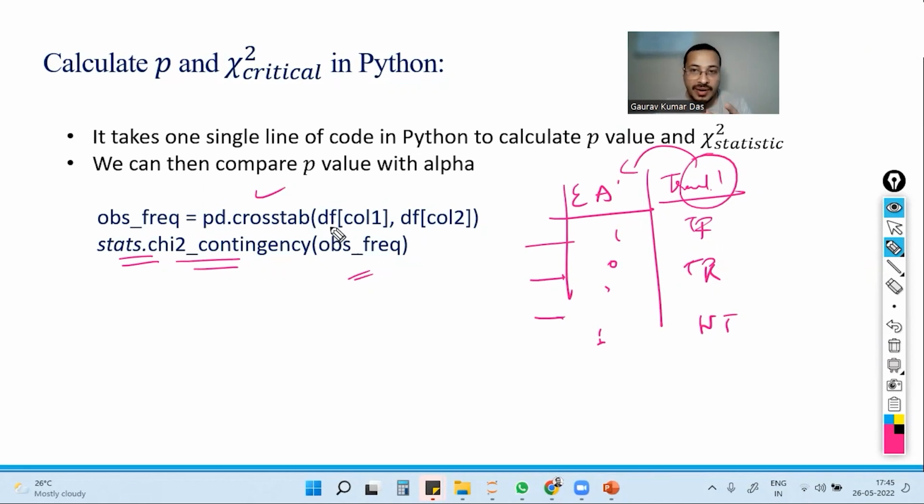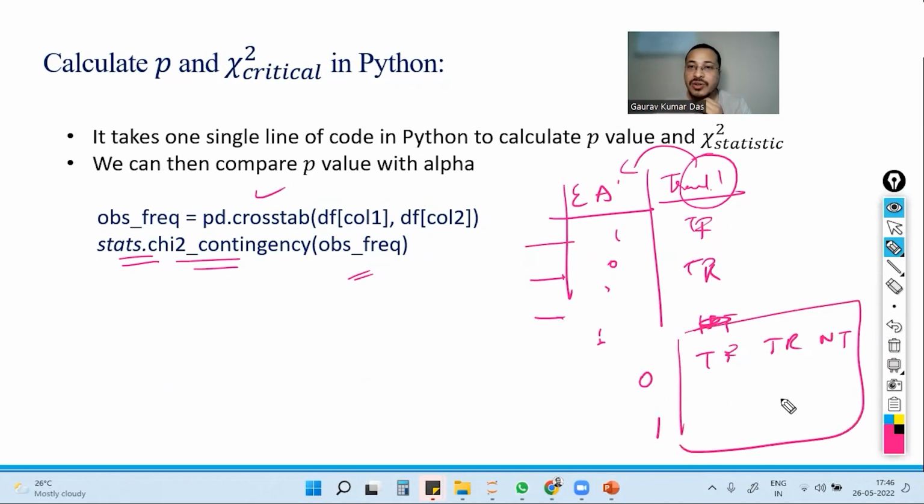In the same way, we'll use pandas crosstab. It will segregate out all the labels for us and create a matrix of all these possibilities: travel frequently for 0, travel rarely for 0, no travel for 0, and similarly for 1. So it will be a 2x3 or 3x2 matrix, and I'll put that matrix inside this function.